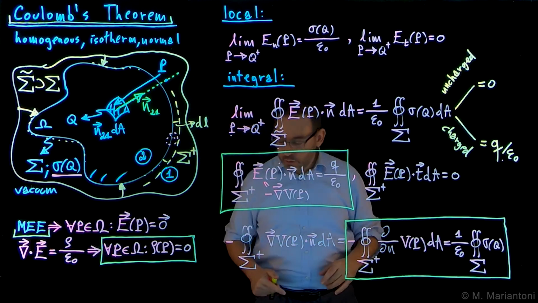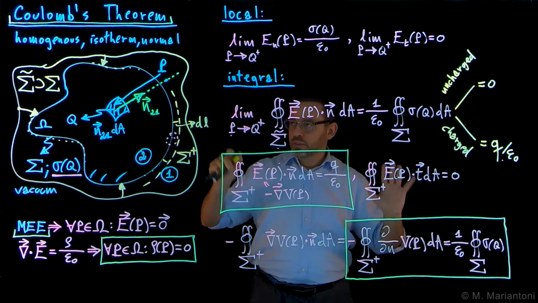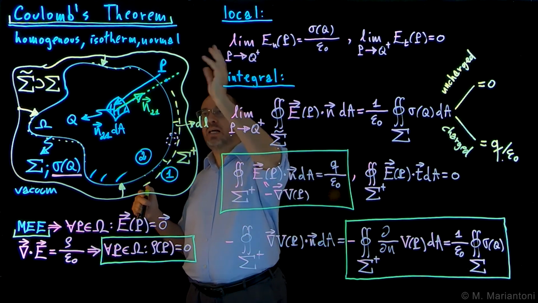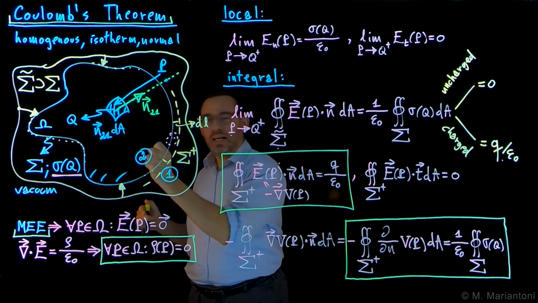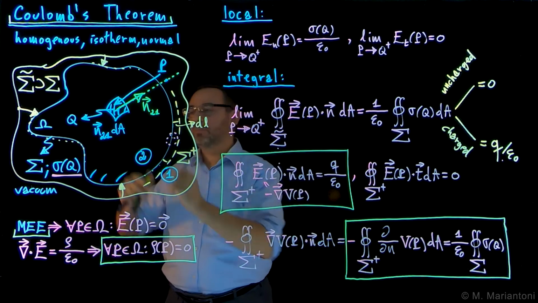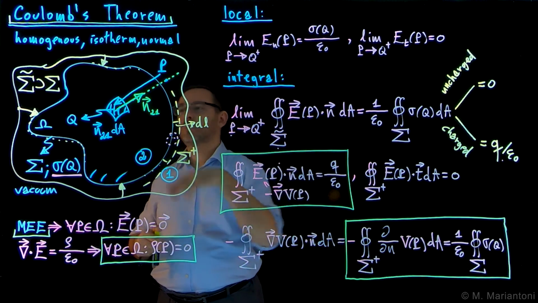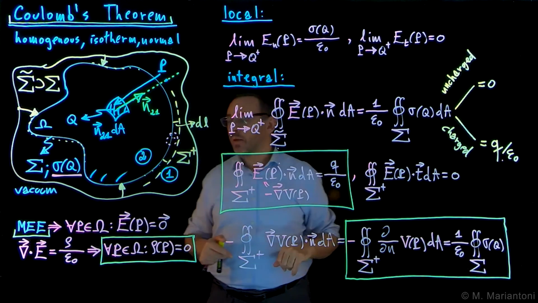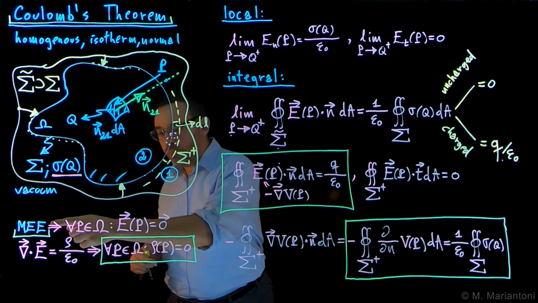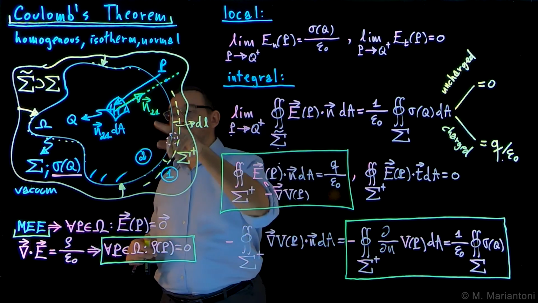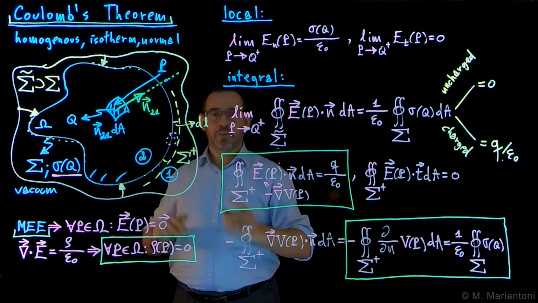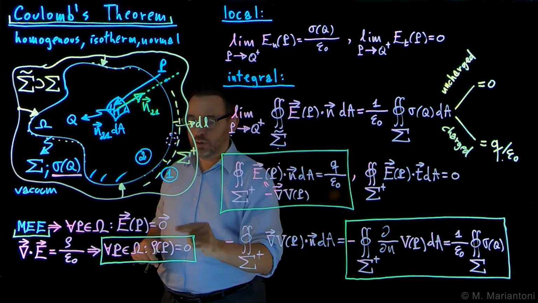Okay? So, to recap this video, we started with a homogeneous isotropic conducting object in normal conditions, like a piece of copper, with surface capital sigma, could be charged or uncharged, and volume bulk capital omega. In macroscopic electrostatic equilibrium, the electrostatic field at each point within the bulk, not on the surface, in the bulk, is identically equal to 0.